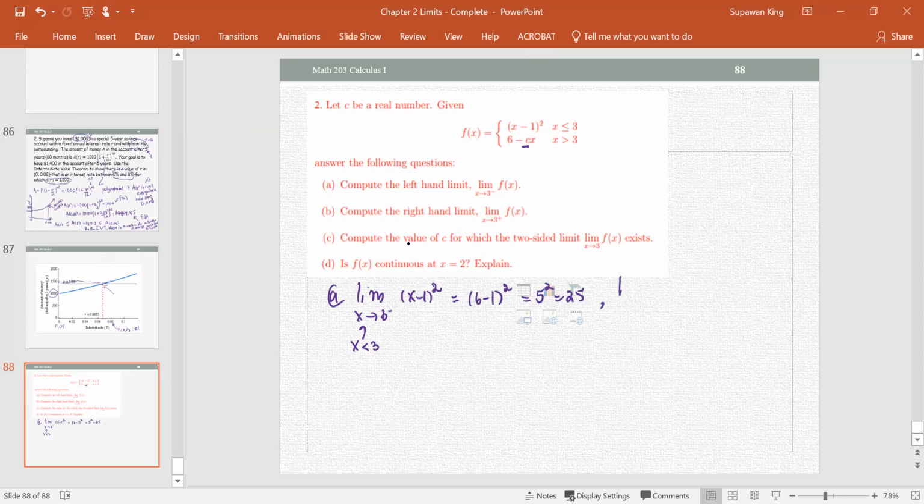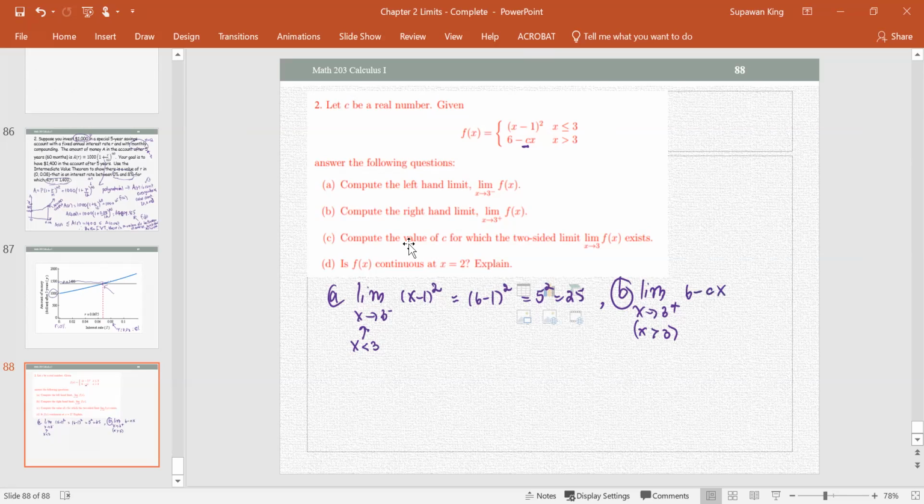And for part B, find the right-hand limit, the limit as x approaches 3 positive of the function. Approaches positive means x is slightly greater than 3. If x is slightly greater than 3, we're going to use the second function, which is defined as 6 minus c times x.